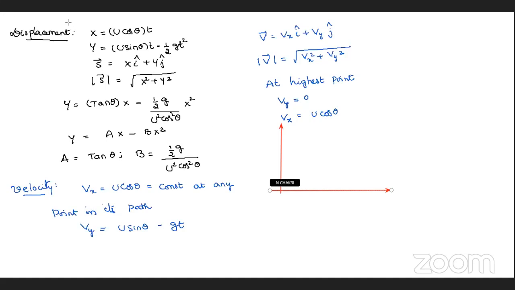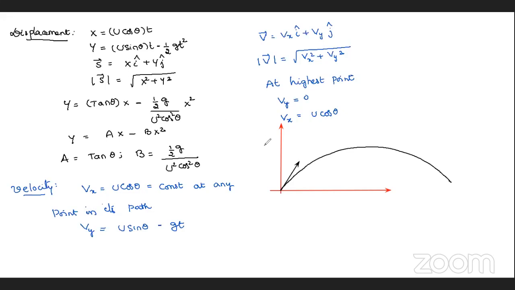And here the body is projected with a certain velocity from here, the point of projection, and assuming as usual it follows a parabolic path like this.